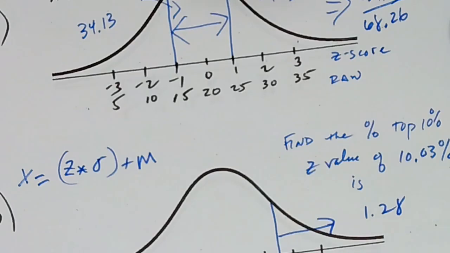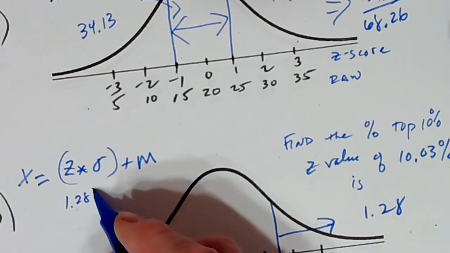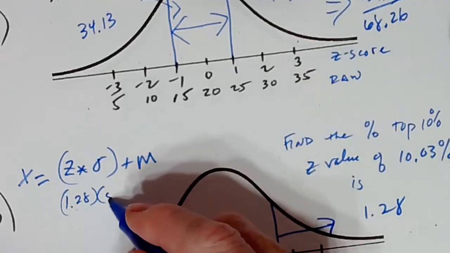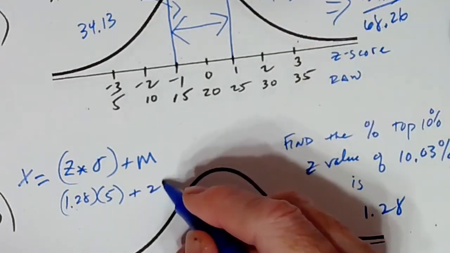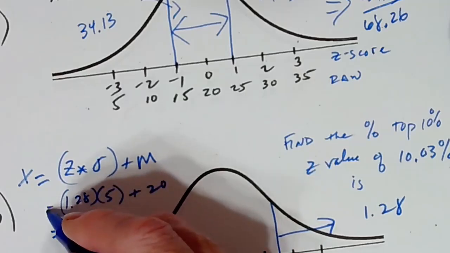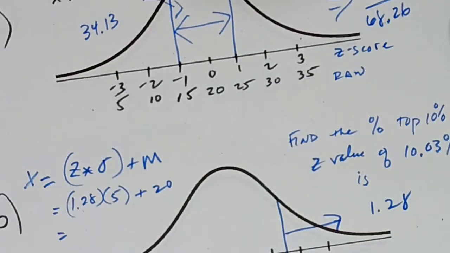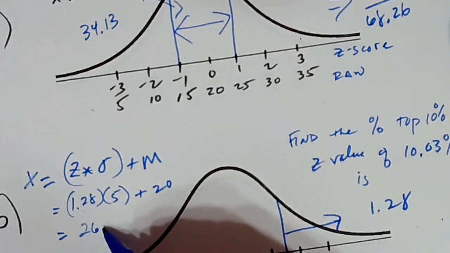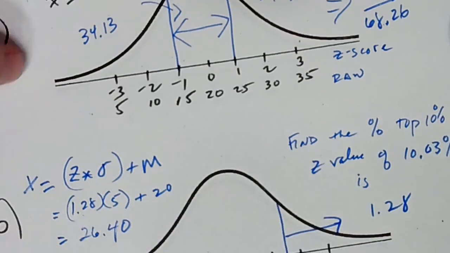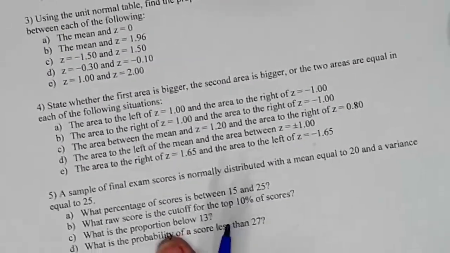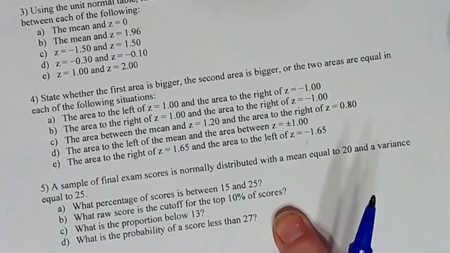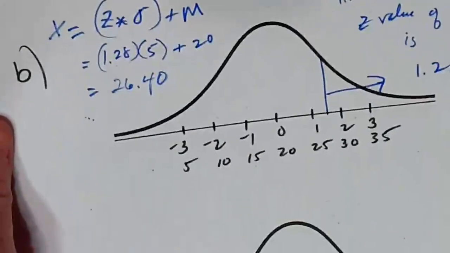So Z is 1.28 times our standard deviation of 5 plus our mean of 20. So X equals 1.28 times 5, plus 20, which is 26.40. The question B asks what raw score is the cutoff for the top 10% of scores, so the cutoff is 26.40.